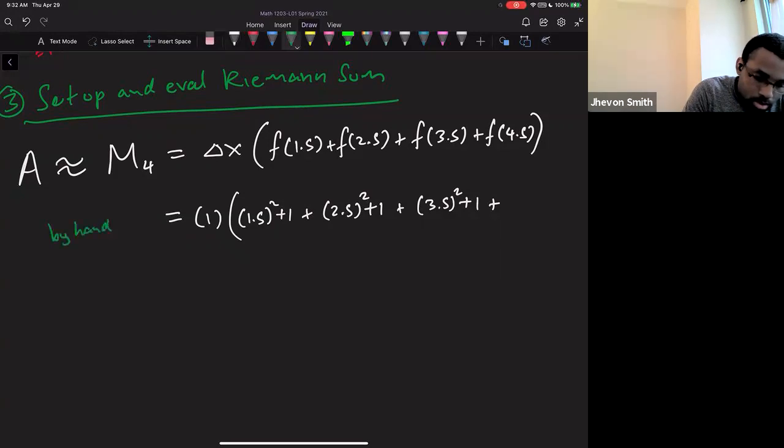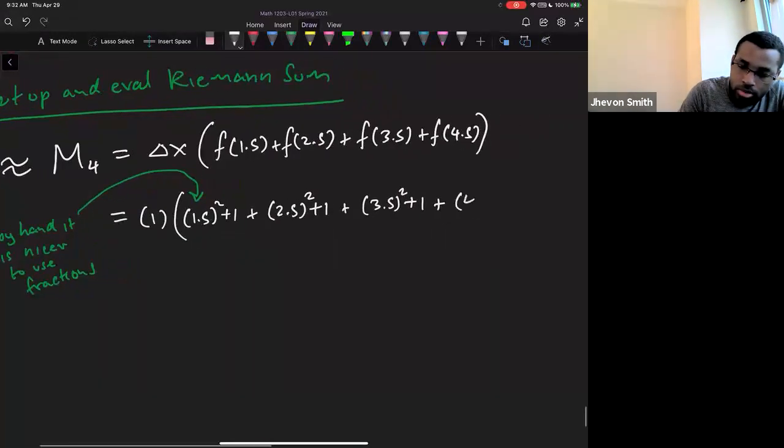By hand, it is nicer to use fractions, you'll actually be able to add them up by hand easier. And then finally, 4.5.